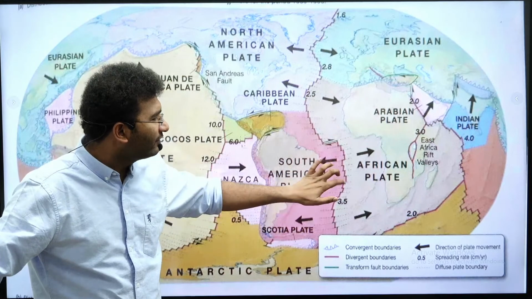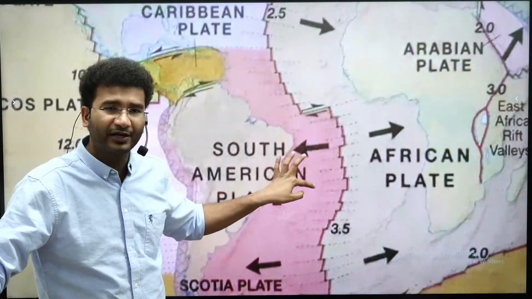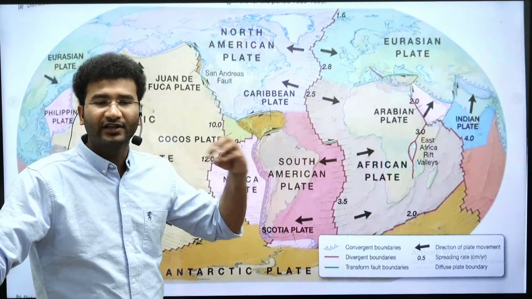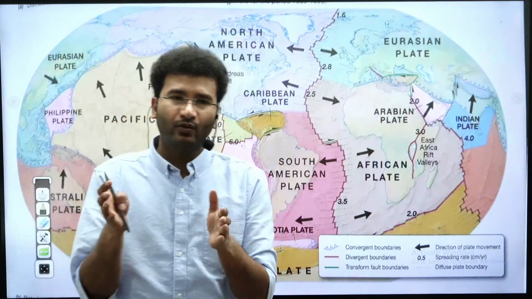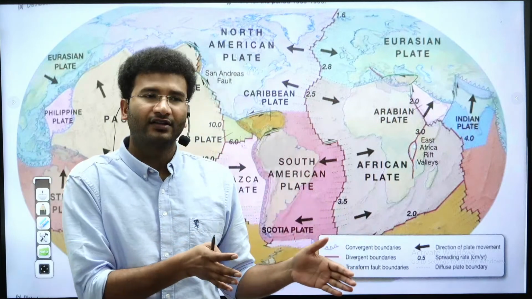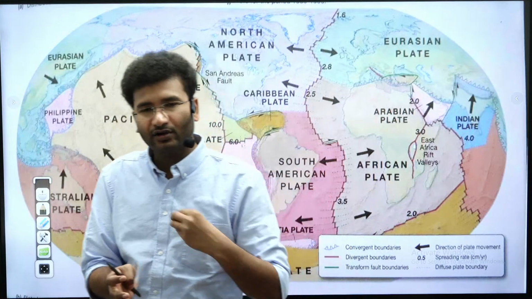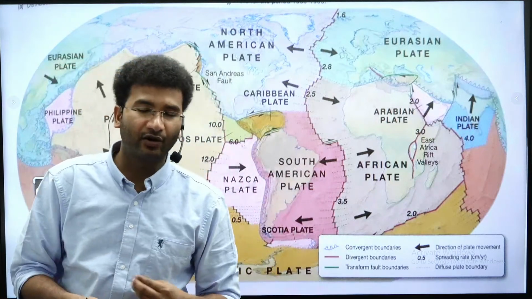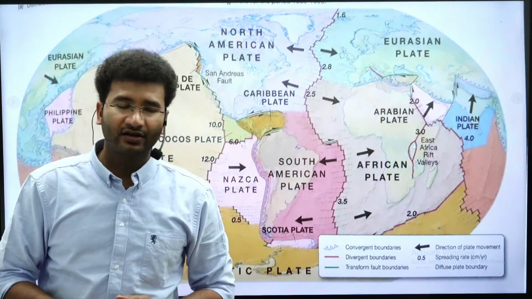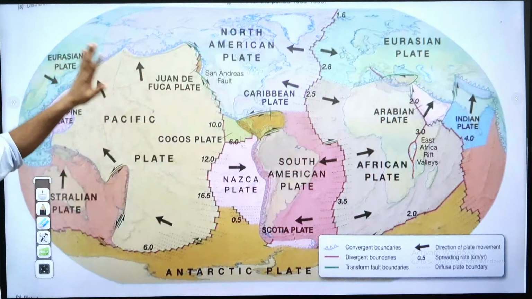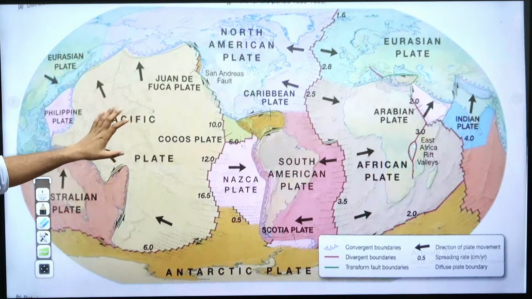But on the other side, if you see, there are interactions with respect to the plates of ocean also. Okay? Now there can be a plate which can have an oceanic layer also, it can also have the continental layer, but oceanic layer agar dominant hai, we call it an oceanic plate, continental layer dominant hai, then we call it a continental plate.